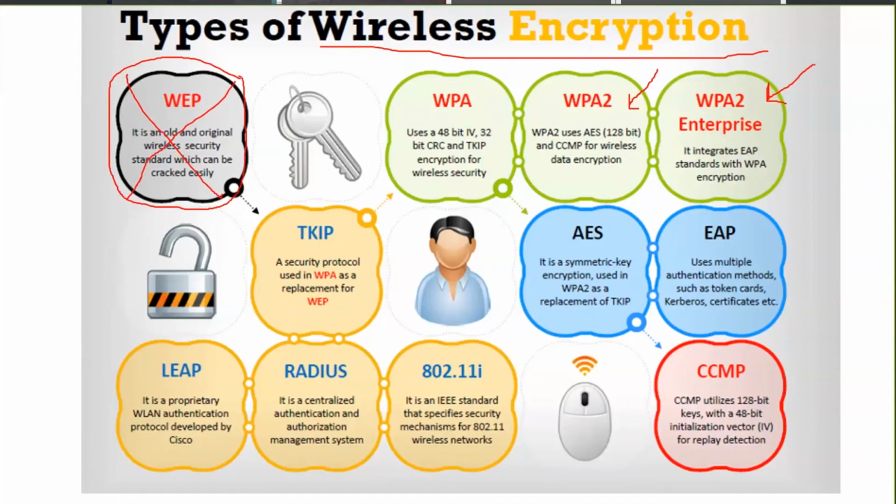And because of that, people started to move away from WEP and to integrate into WPA technology. So because of that, things like TKIP, LEAP, Radius, and anything dealing with the security for the 802.11i are utilized.